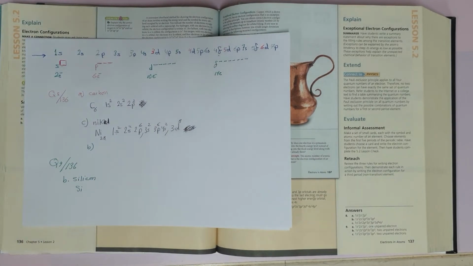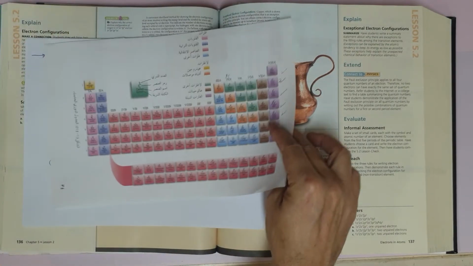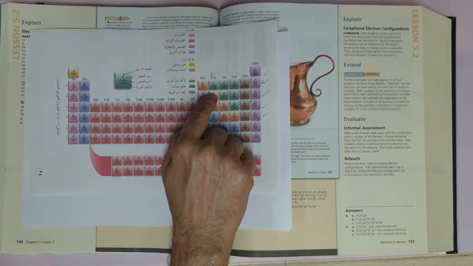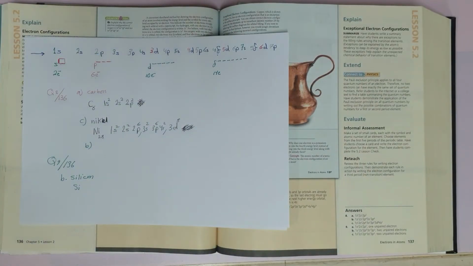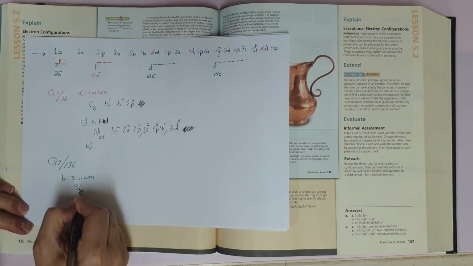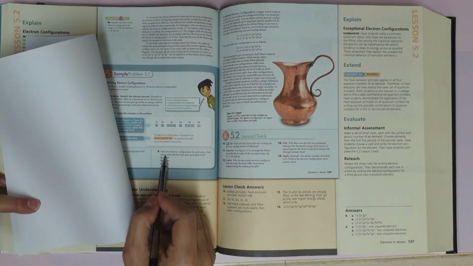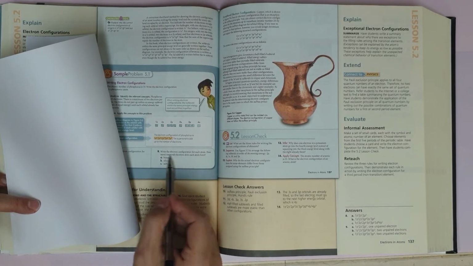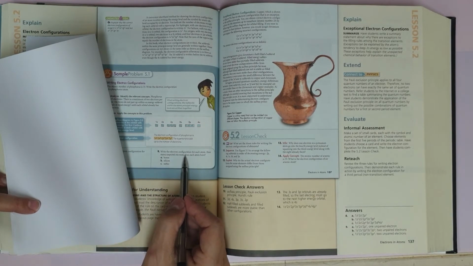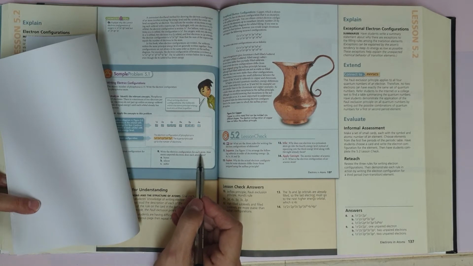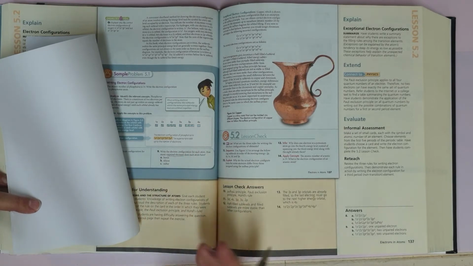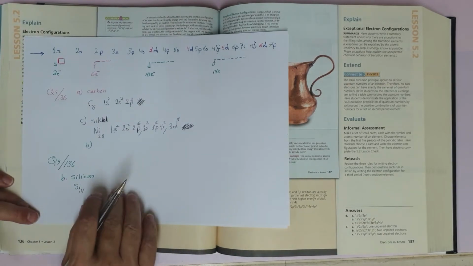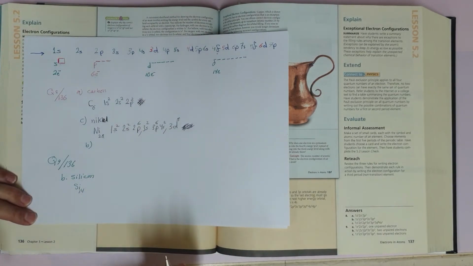The atomic number of silicon, as you see from the periodic table, is 14. Now here he wants me to write the electron configuration for each atom. How many unpaired electrons does each atom have? To know how many unpaired electrons are in an atom, you have to write the orbital diagram electron configuration. What do we mean by orbital diagram?